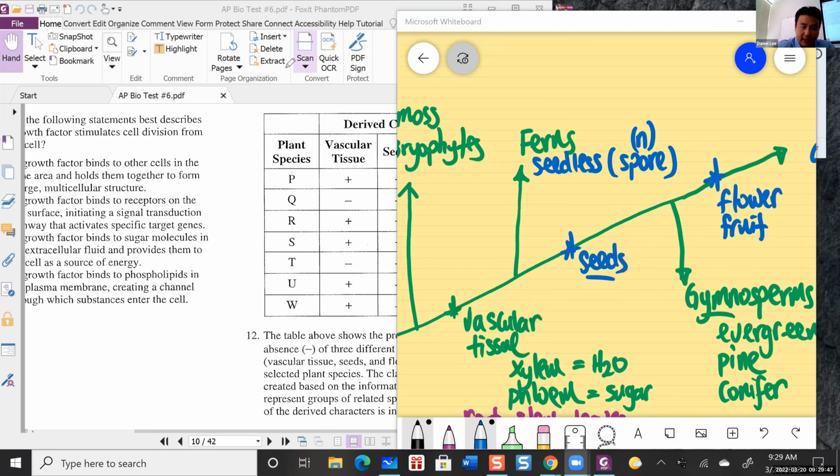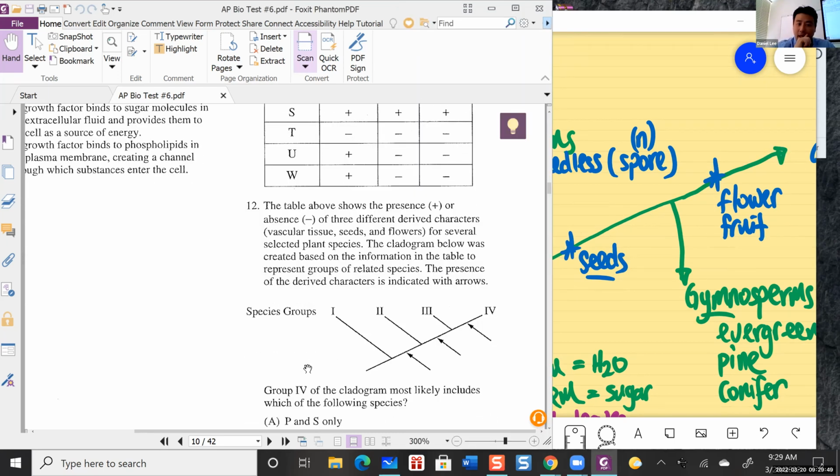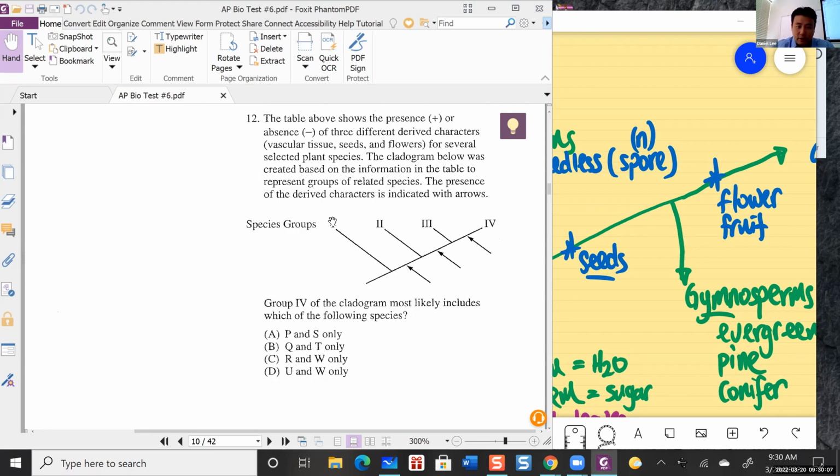Okay, so anyways, the question is number 12. The table above shows the presence or absence of three derived characteristics for several selected plants. The cladogram below was created based on the information in the table. Okay, so there's a bunch of species, right? So group 1, 2, 3, 4.